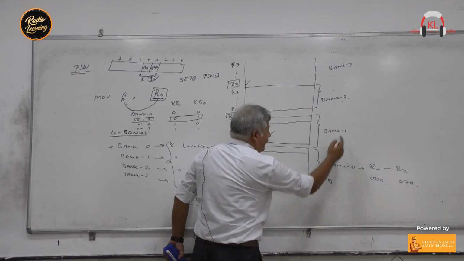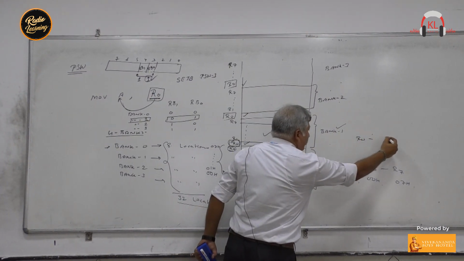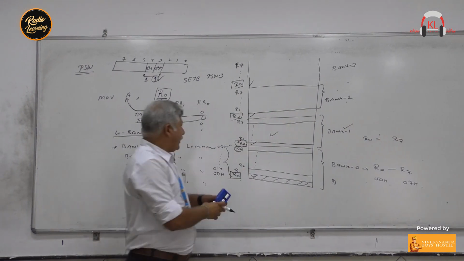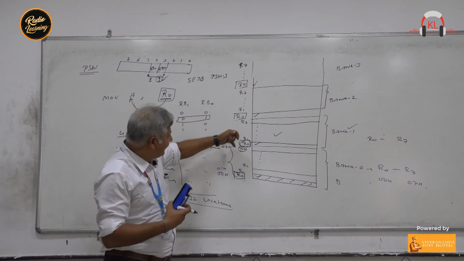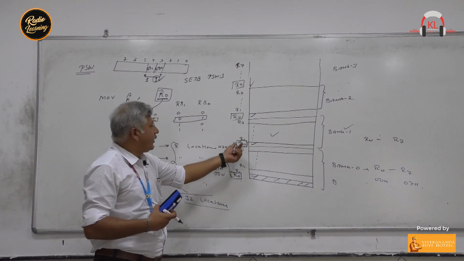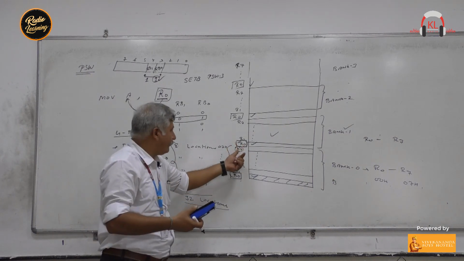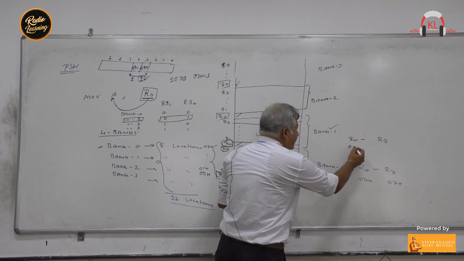Then bank number 1. In bank number 1, again we have R0 register and up to R7 register. Now here R0 register of bank 1, what will be its address? R7 register of bank 0 is having address 07. So R0 will be having next address of 07. Next number after 07 will be 08.